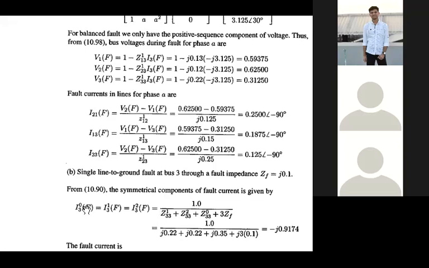Why are these all same? Can you recall why it is same for the single line to ground fault scenario? It is actually from the I calculation.